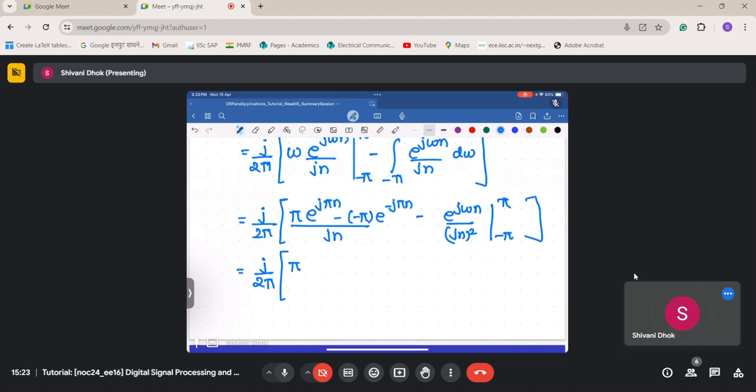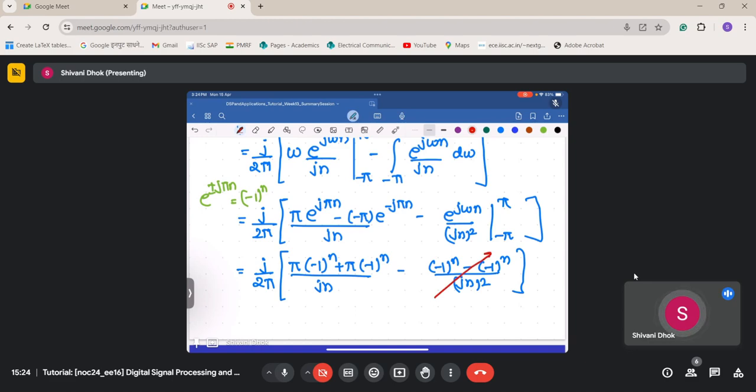Here e power plus or minus j pi n is equal to minus 1 to the power n. So I can write this as pi into minus 1 to the power n upon j n, plus pi into minus 1 to the power n upon j n, minus e power j pi n minus e power minus j pi n, which is again equal to minus 1 to the power n minus minus 1 to the power n, upon j n squared. So the second term goes to 0.